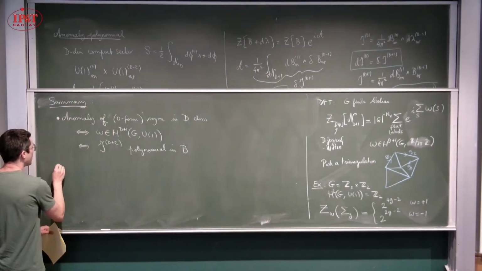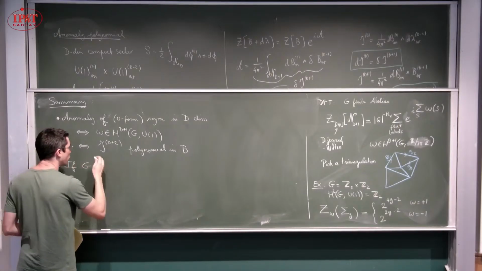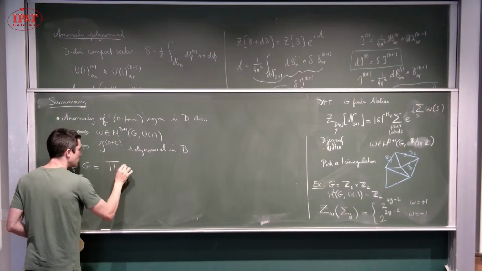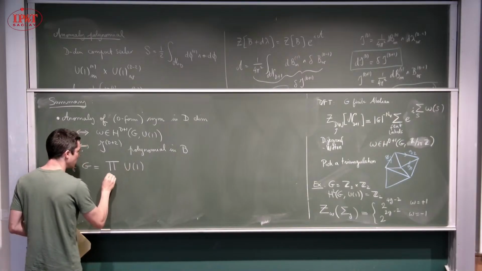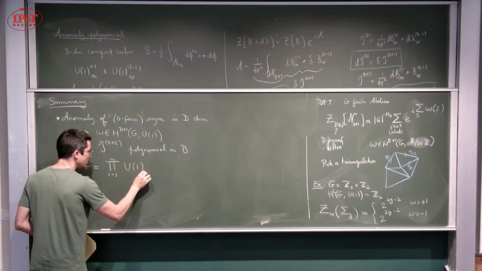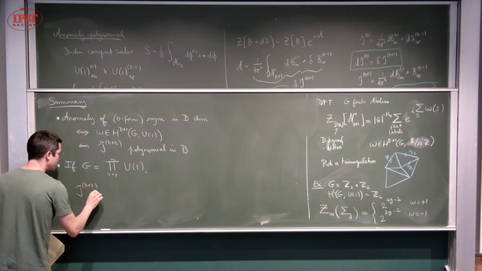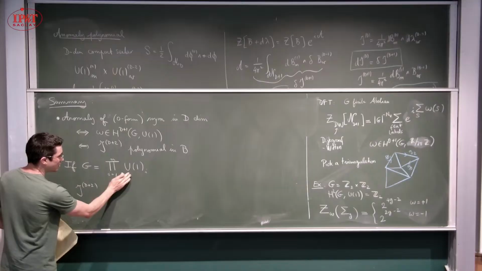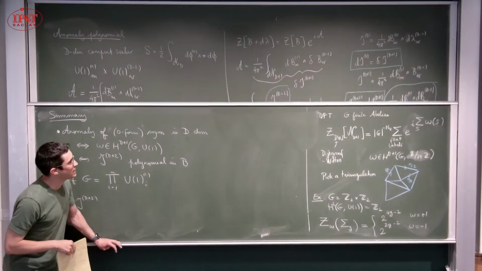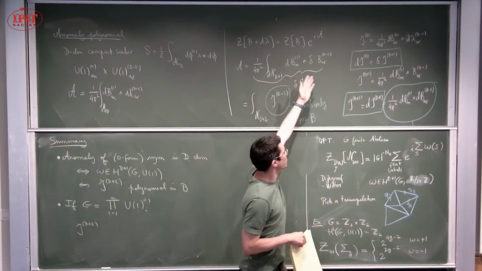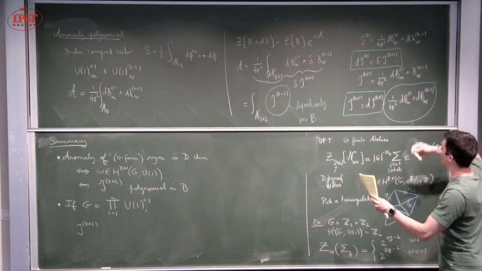And the explicit one that we need is if G is a product of U1s, say we have n U1s. Then this anomaly polynomial is, so each U1 has a B, and then it's basically exactly this. We can believe that this will generalize. Here we found dB wedge dB for the two different B's. In general, you can have all the products of these.